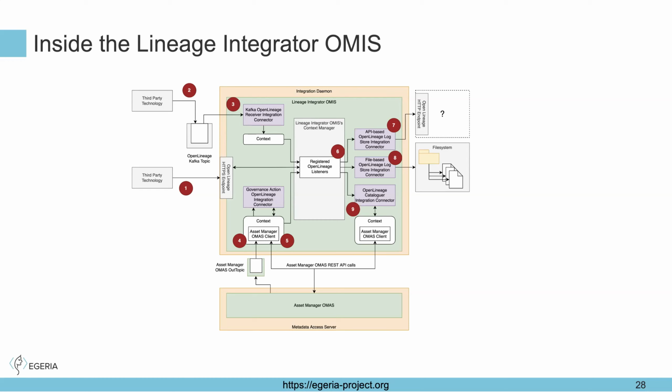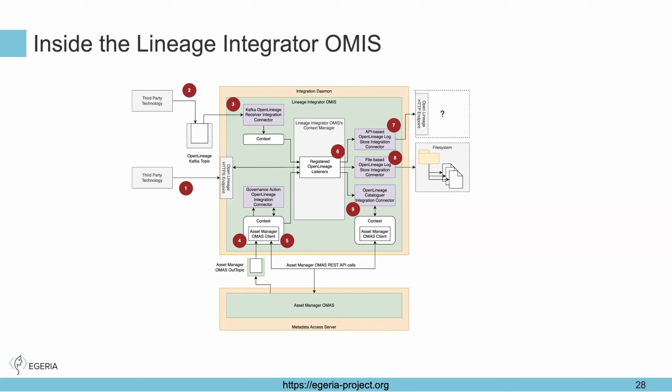Number 7, you see API OpenLineage log. That could be writing to Marquez or any other system that supports OpenLineage. We have one that writes to the file system, and another one that pushes stuff out into the open metadata ecosystem.